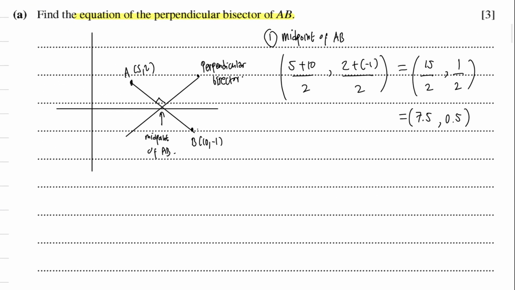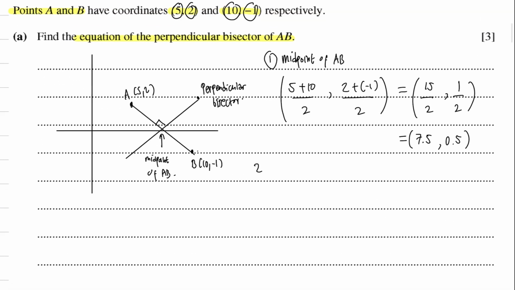The second step, you need to find the gradient of our perpendicular bisector. Because we know that it is always 90 degrees, first we can find the gradient of AB. So m of AB, the gradient of AB, you just need to use the formula of the gradient, which is (y2 - y1) over (x2 - x1).